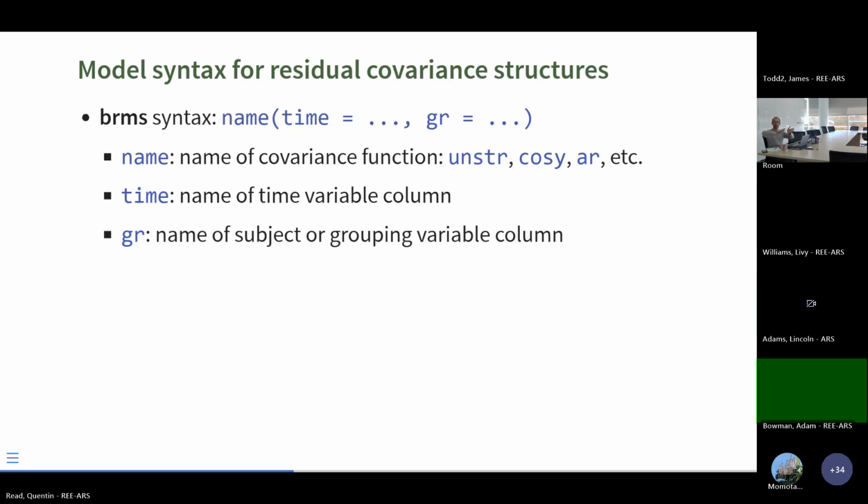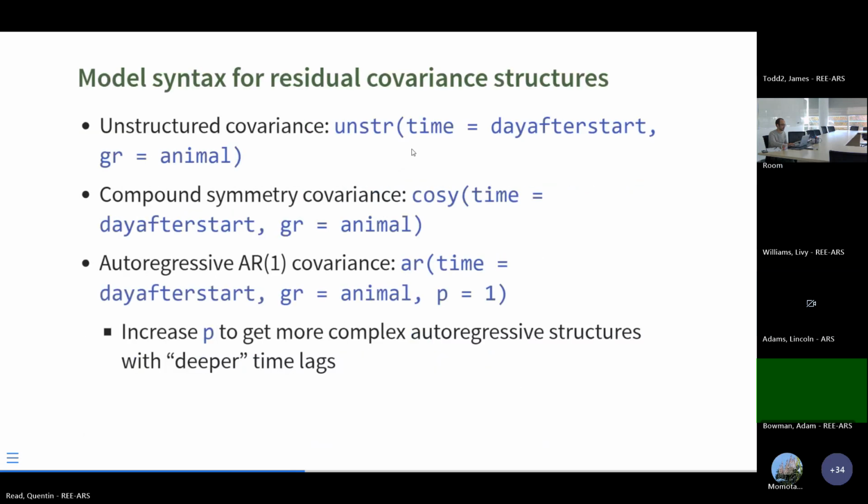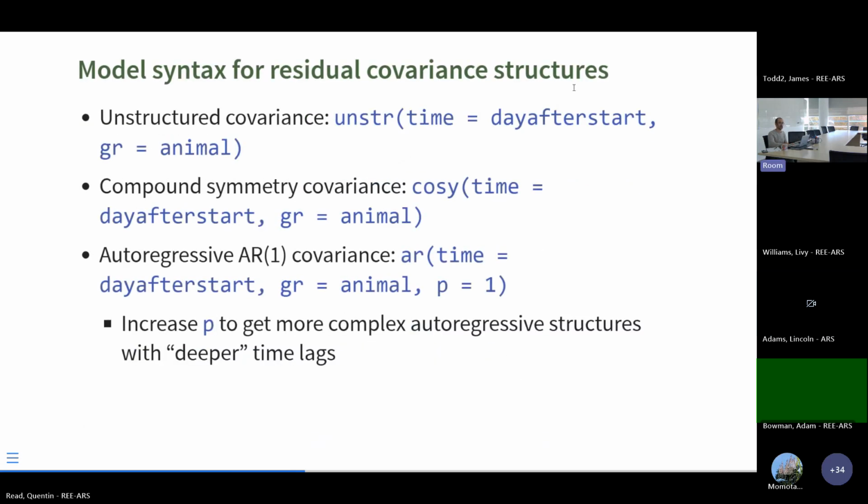That is within what they are correlated. It's within each cow that they're correlated. It's called animal in the data, so we're going to use animal for the grouping variable. So this is how it would look. Unstr for unstructured. In each case, it says time equals day after start and group equals animal. That's the same for all of these. The name of the function is different: unstr, COSY, and AR.